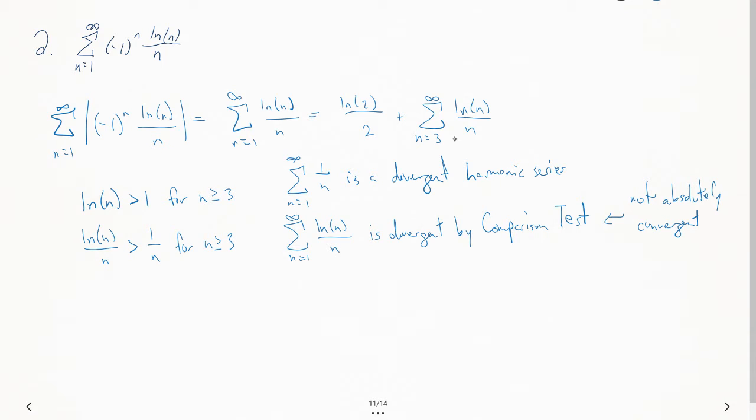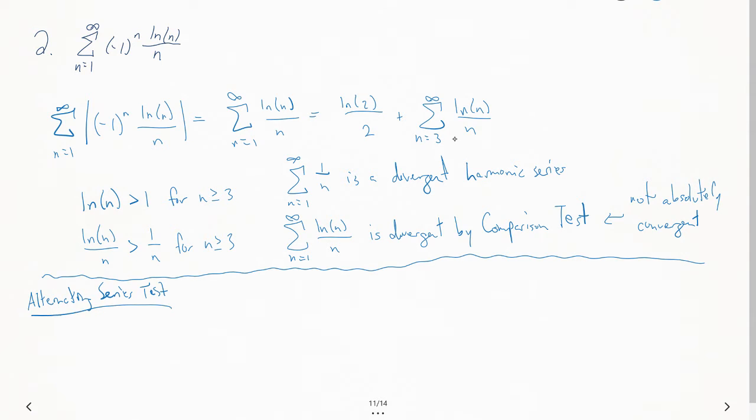Okay, so then the next test that we'll check for is the alternating series test. And this will try and see if it's conditionally convergent. Okay.